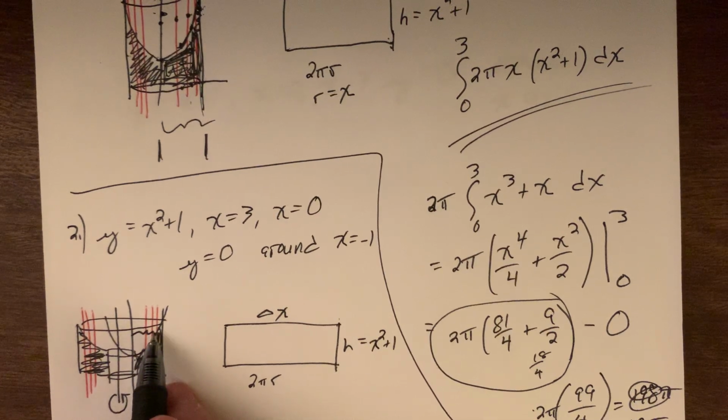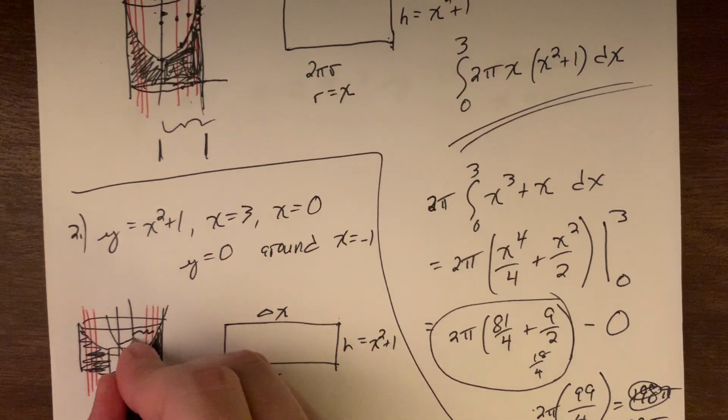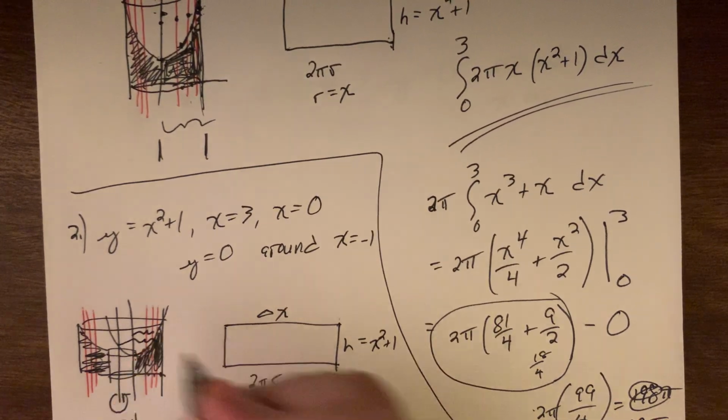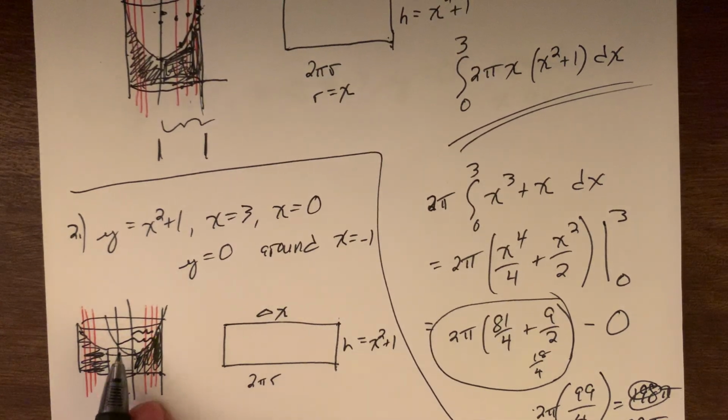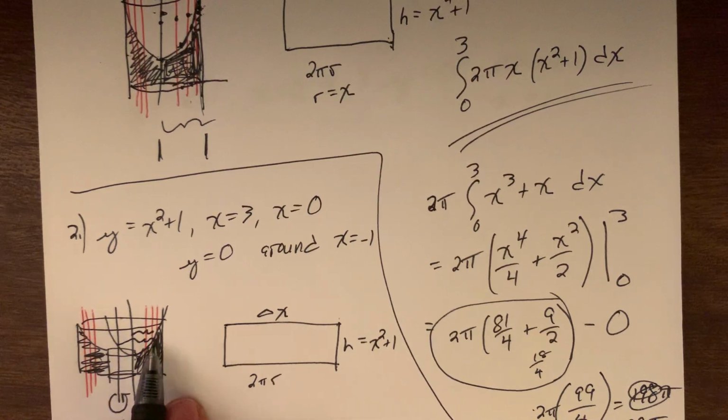But that is not R here. This is R. This is my center, and that's what makes it a little bit messier. I'm not going from the y-axis over to here, I'm going from x equals -1 over to here. But we can still use so many of those principles about distance.